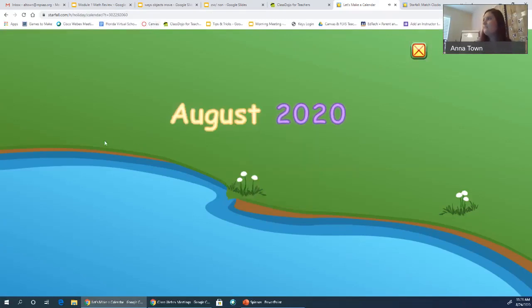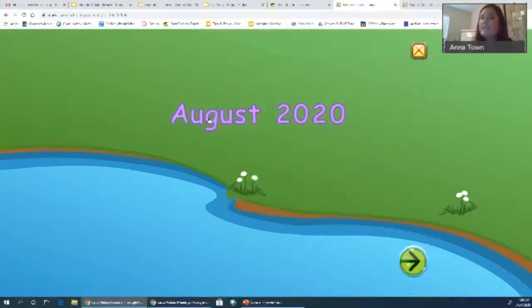Yippee! It's August 2020. Let's make a calendar. Okay, let's say this together. It's August 2020. Boys and girls, what month of the year is August? Good job. August is the 8th month of the year.